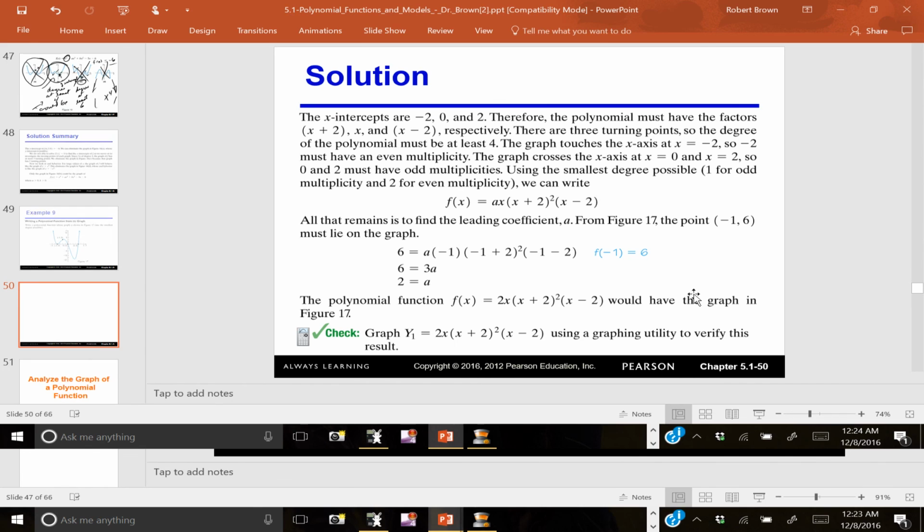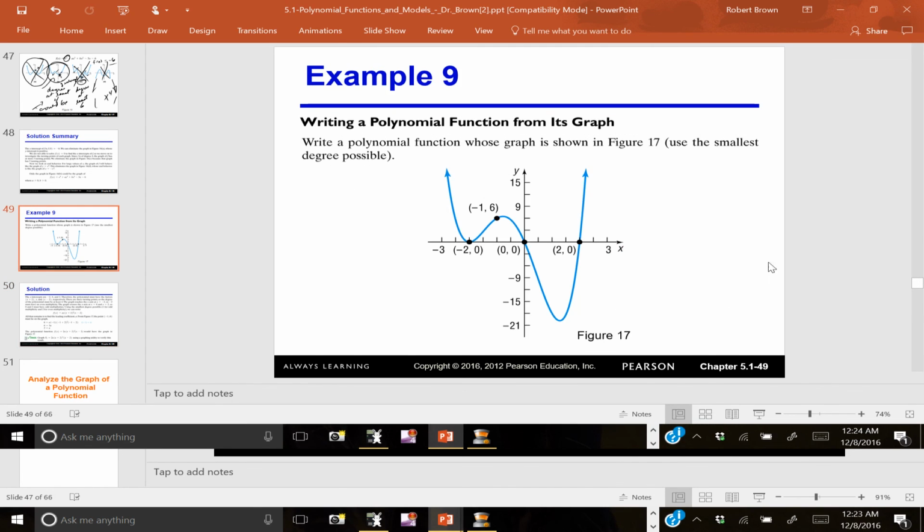Now we want to write a polynomial function for a graph that we're given. So now we're given the graph and we want to write a polynomial function.